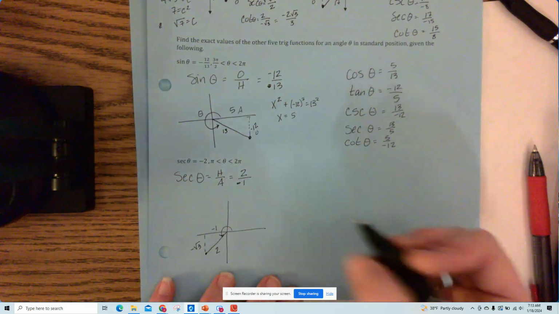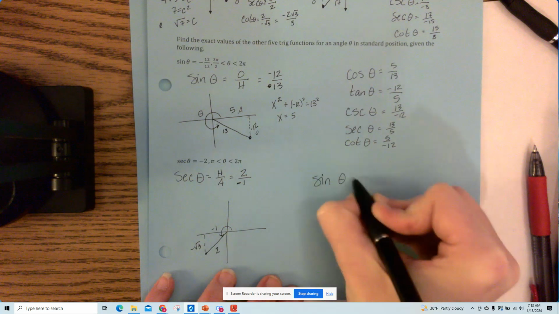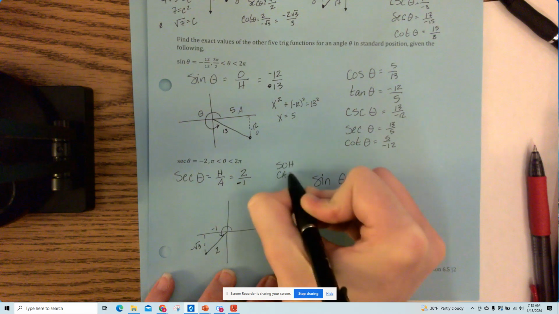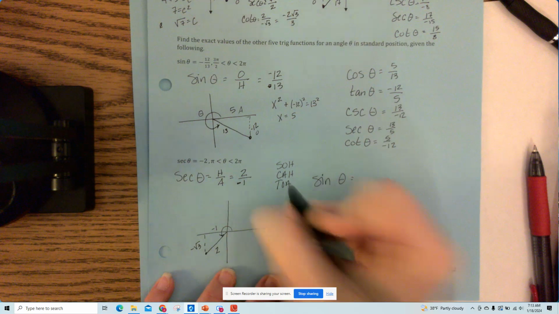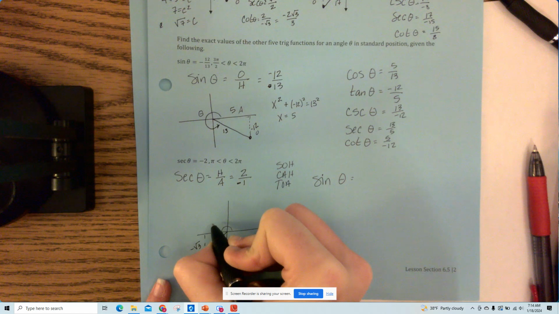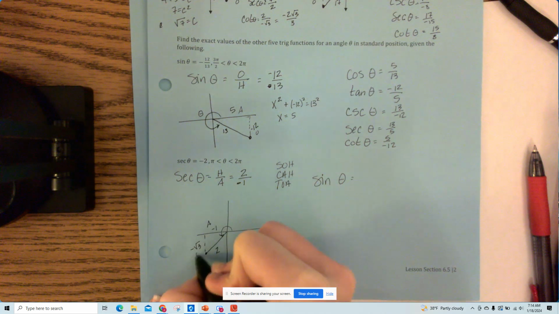Okay, so let's start off here. So sine of an angle. So again, this is where that SOHCAHTOA comes in. So this is the adjacent angle this time. This is the opposite.